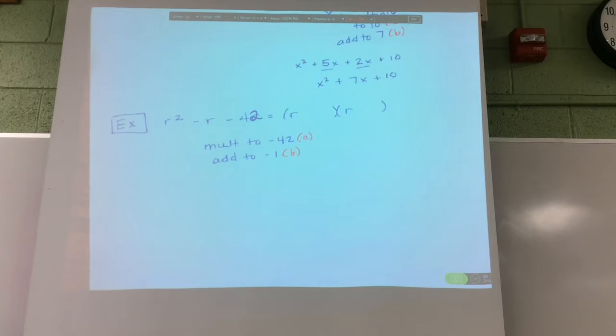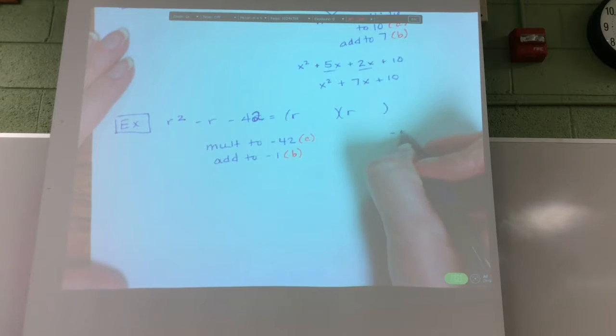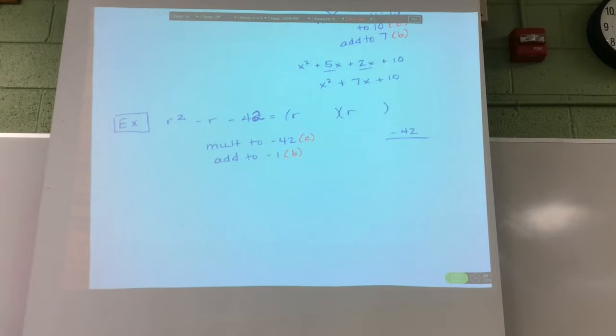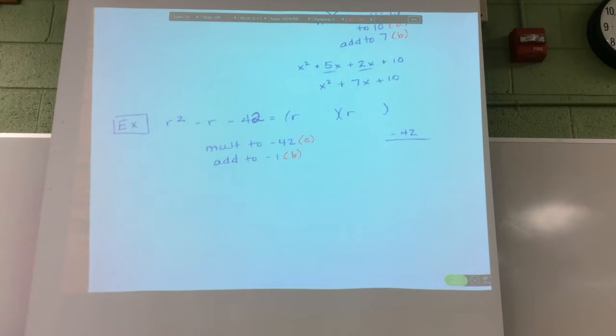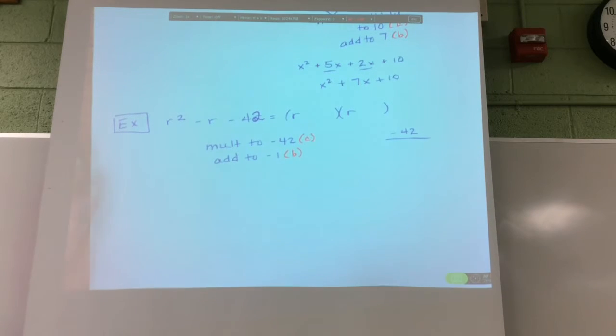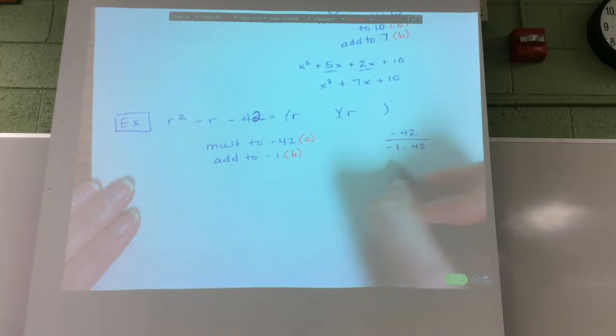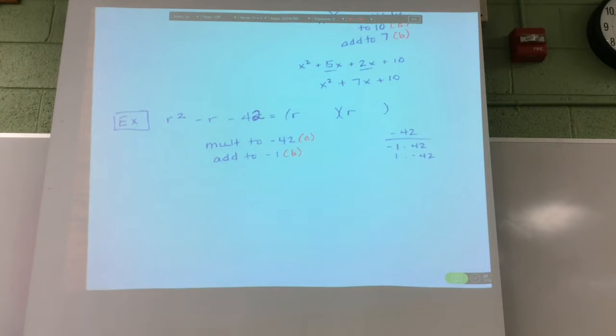Don't forget, we could have negative 1 and positive 42, or positive 1 and negative 42, but those add to 41 and negative 41, so that's not going to work.